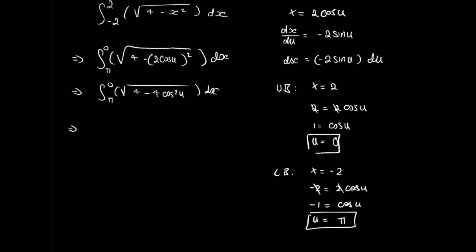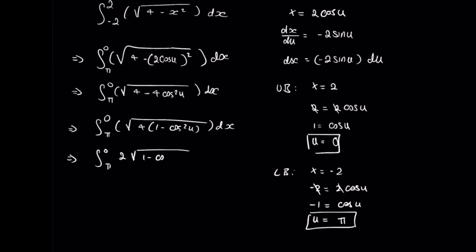Now we can factorize out 4, so we get square root of 4 times (1 minus cos squared u) times dx. And simplifying even more, we get 2 square root of 1 minus cos squared u dx.